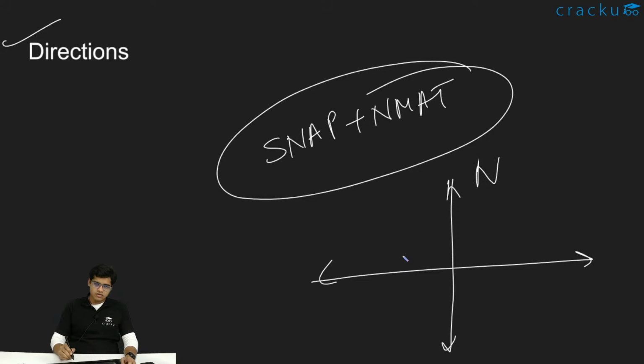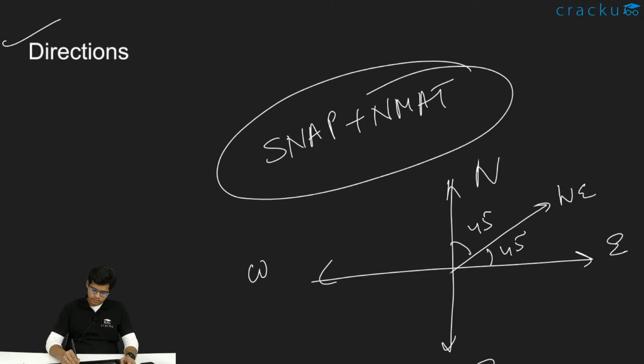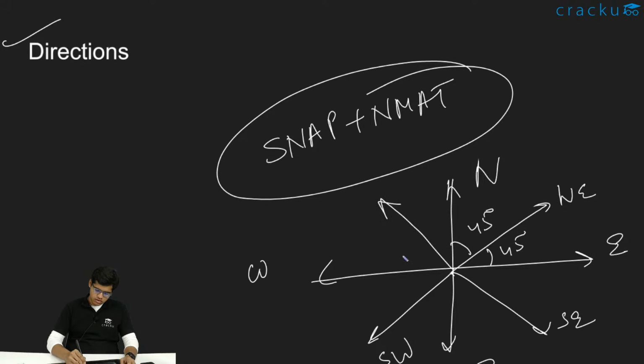This is north, this is south, this is west, and this is east, right? This is northeast, at an angle of 45 degrees, and this is also at 45 degrees. This is southeast, this is southwest, and this is northwest. So these are the direction conventions we have.